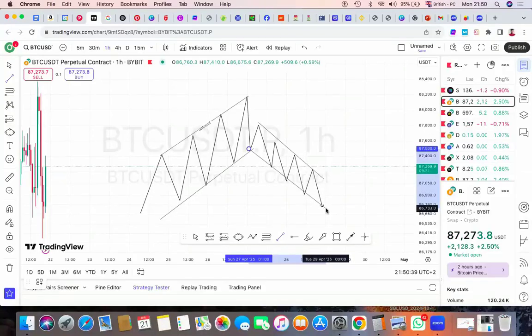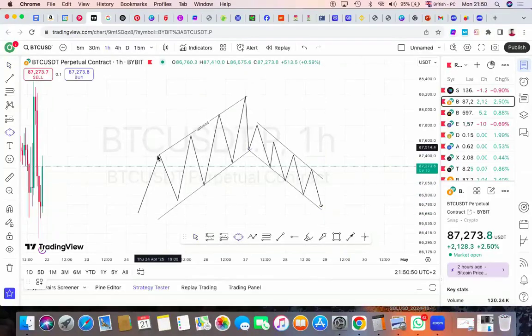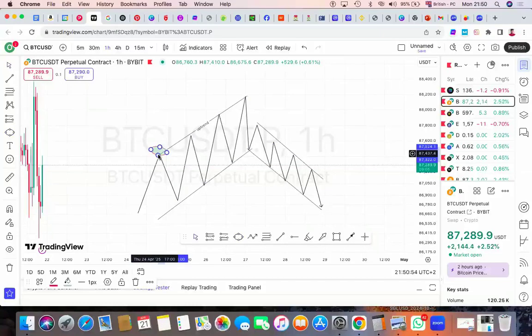Right? So tonight we are talking about break of structure, right? So if this structure was, if we had these several touches here, I'll have these several touches.